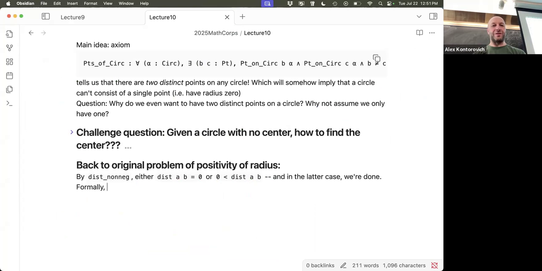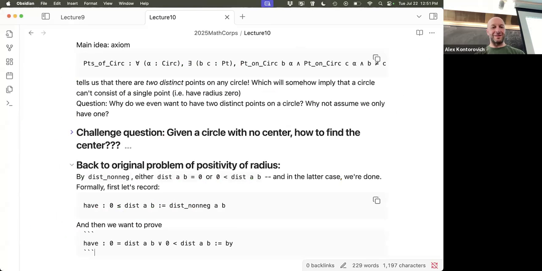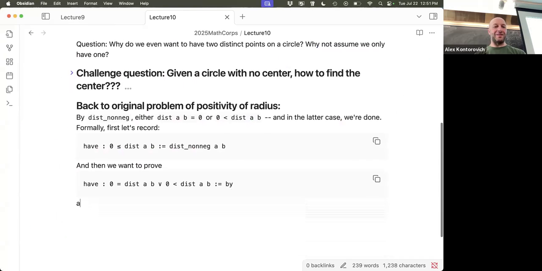So formally, first let's record this, and then we want to prove this, and this is a basic statement about the real numbers, not something about geometry. So it's not something that we have control over.